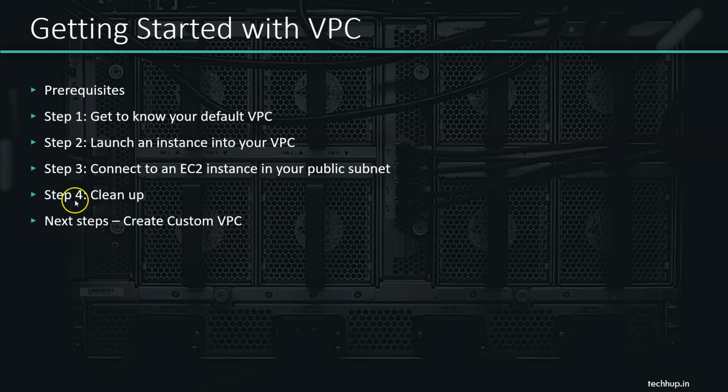And now it is step 4, to clean up the instance that we have created, and then we will move to the next section where we will create a custom VPC, custom subnets, and all the custom devices associated with it. So let's go back to the dashboard.